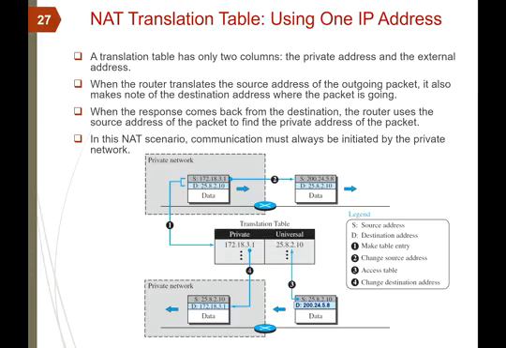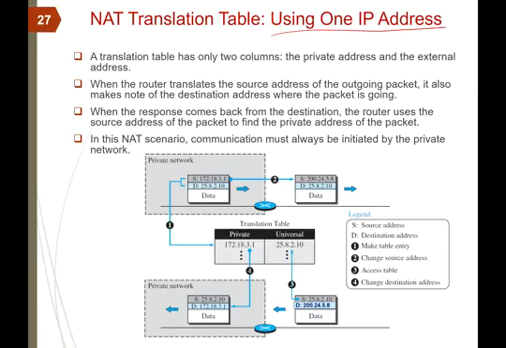There are different ways to use the translation table. Using one IP address, if you have one public IP, in this case you have 2 columns: the private address and the external, or public, address.